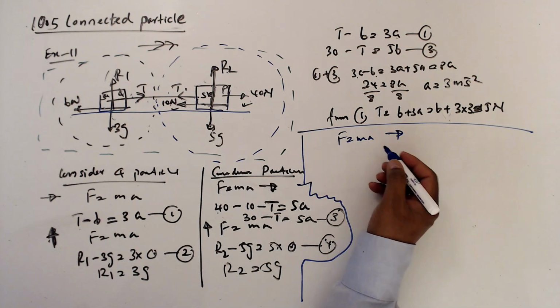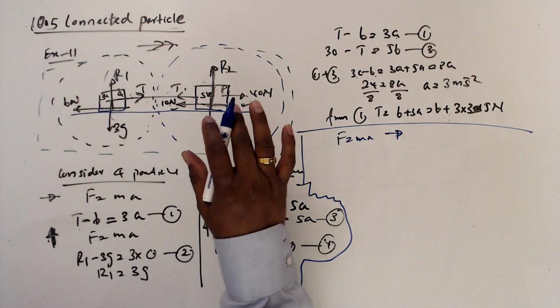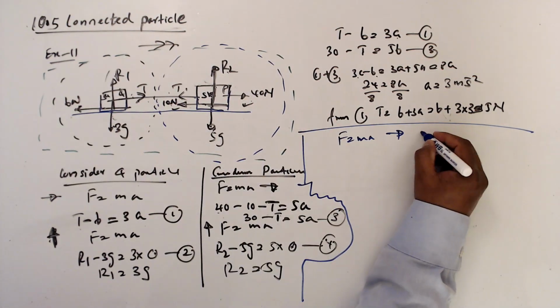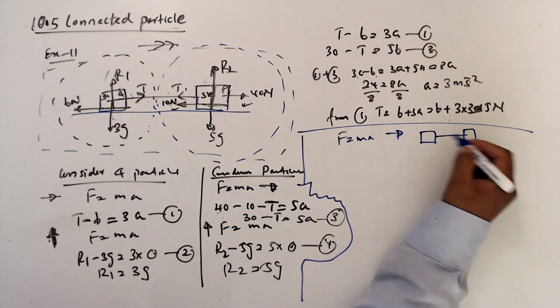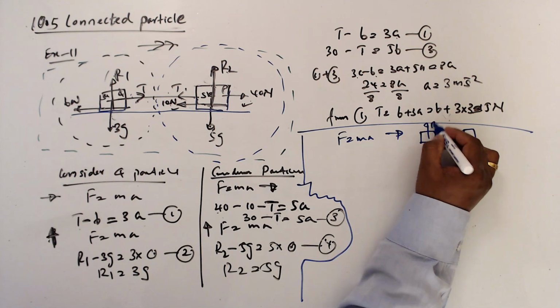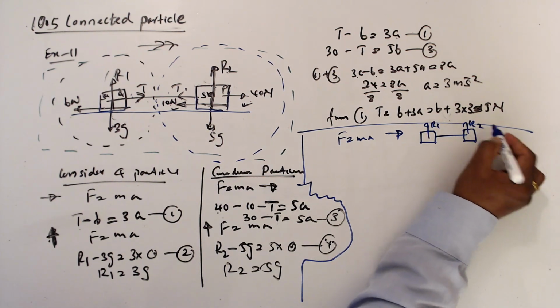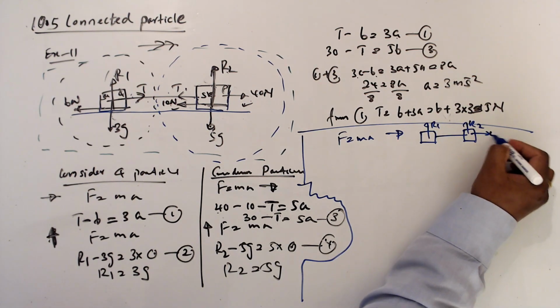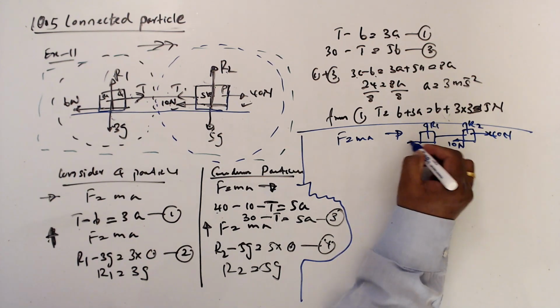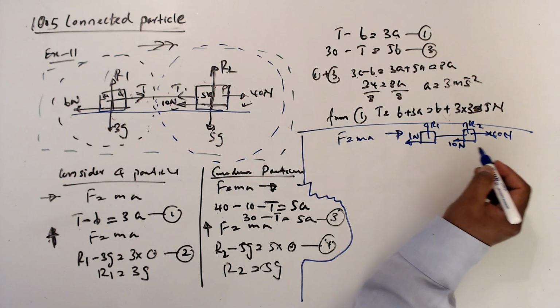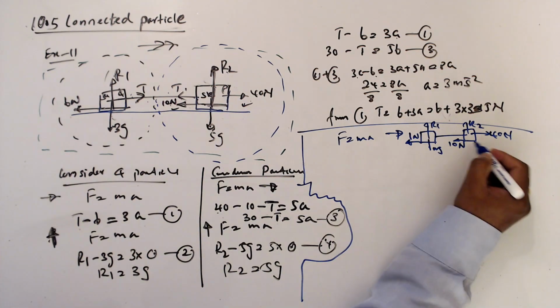Now when you consider the whole system, basically you have no T, so R1, R2, this is 40 Newton, this is 10 Newton, and this is 6 Newton, and this is mg.